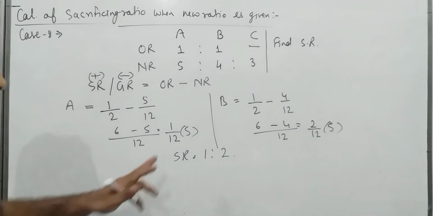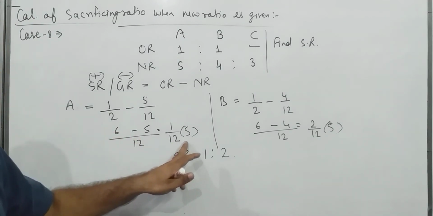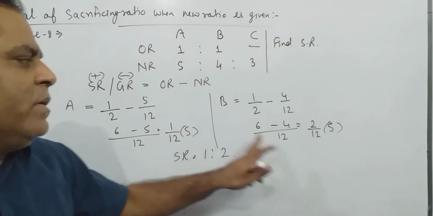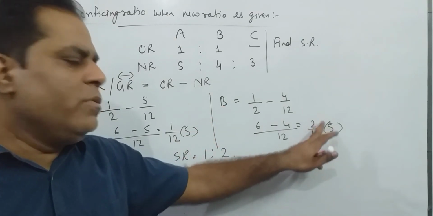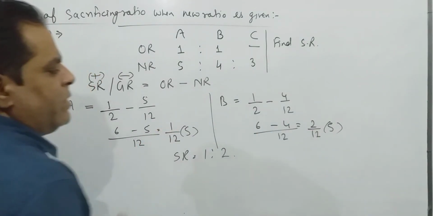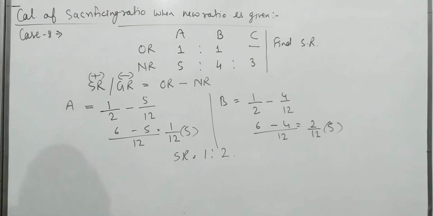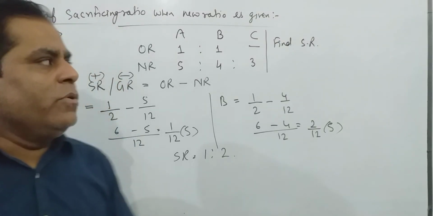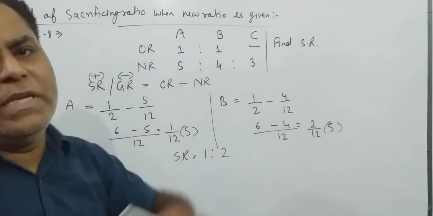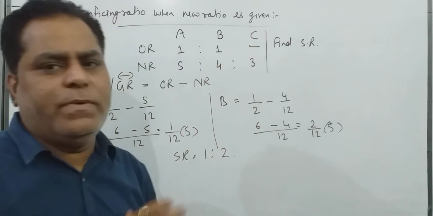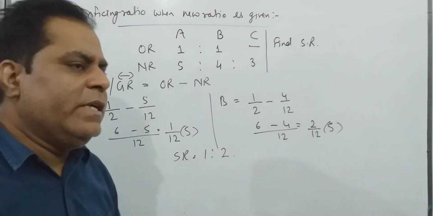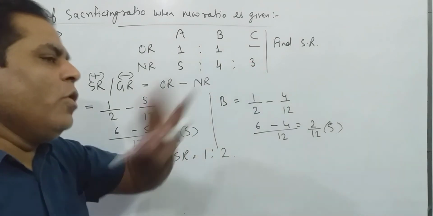So in this question, A is sacrificing 1/12 because it is positive, and B is sacrificing 2/12 because it is also positive. And if the answer comes in negative form, it means they are gainers. One more thing you have to keep in mind: the new partner is always a gainer because he is joining the partnership firm. So C is a new partner, C is entering the partnership firm, so C is always a gainer.